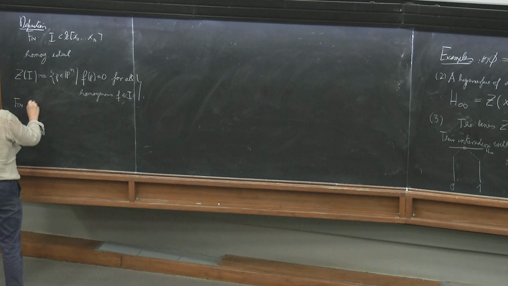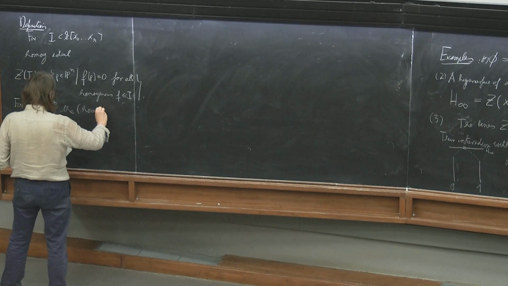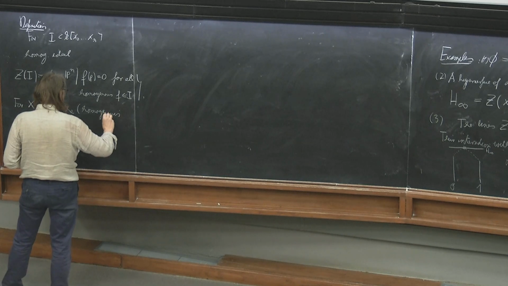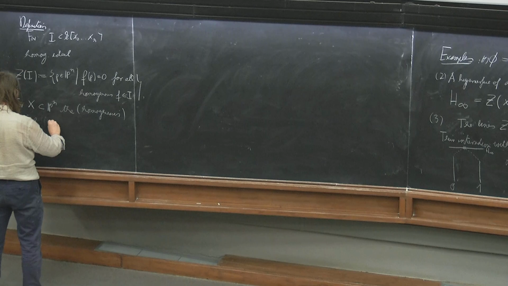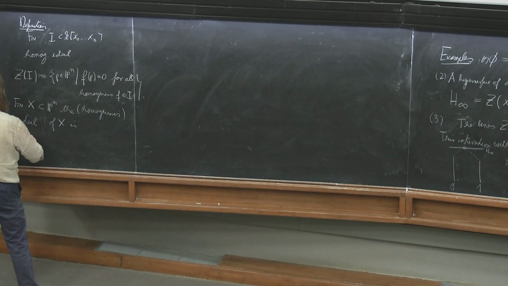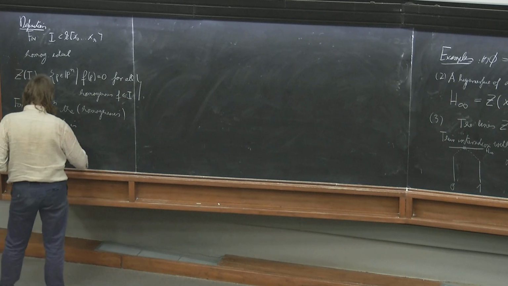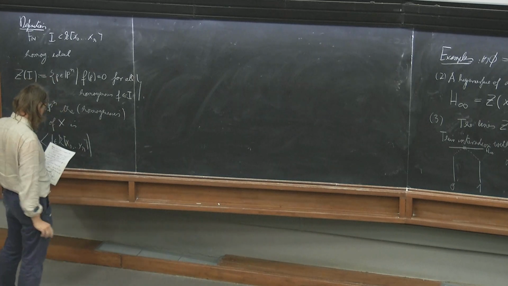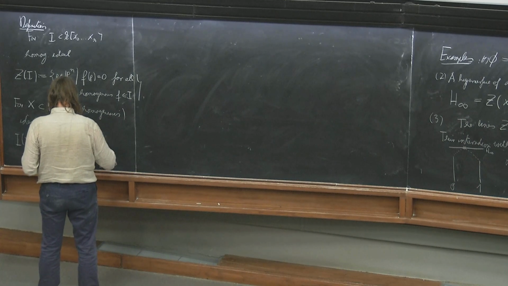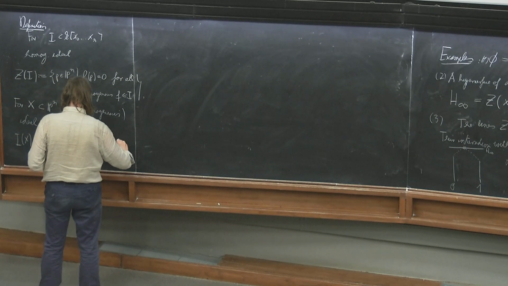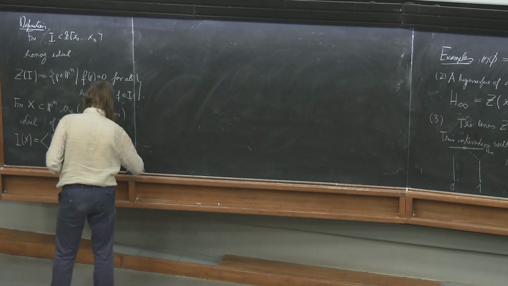So for X in the subset, the homogeneous ideal I of X, written I(X), is the ideal generated by all f in k[x0,...,xn] such that f is homogeneous and f of p is equal to 0 for all p in X.